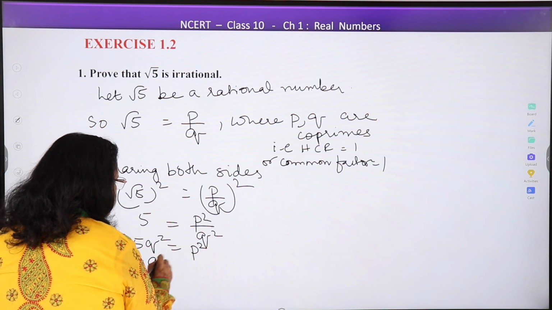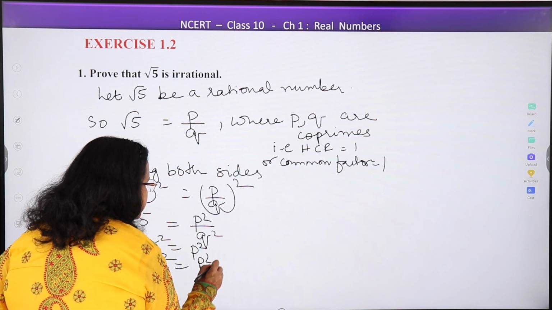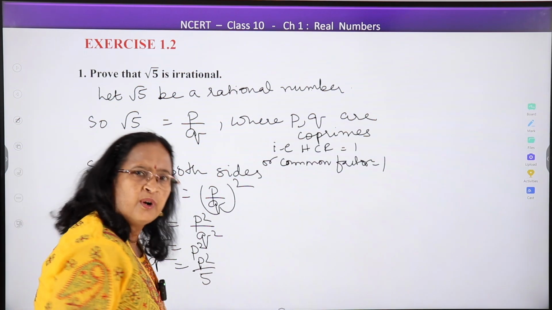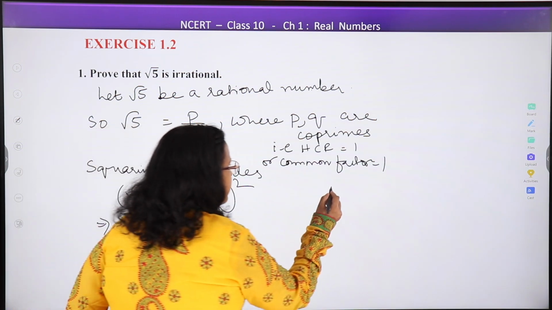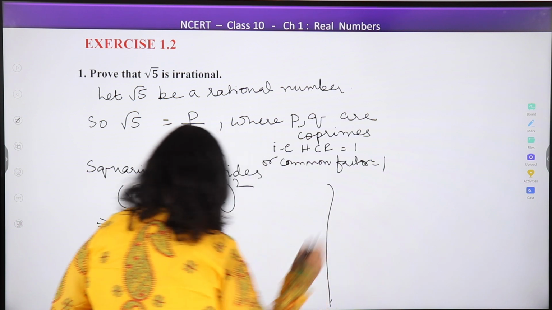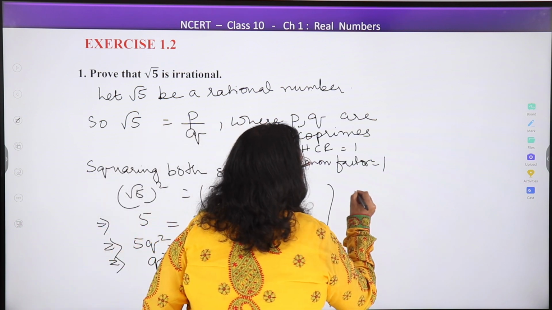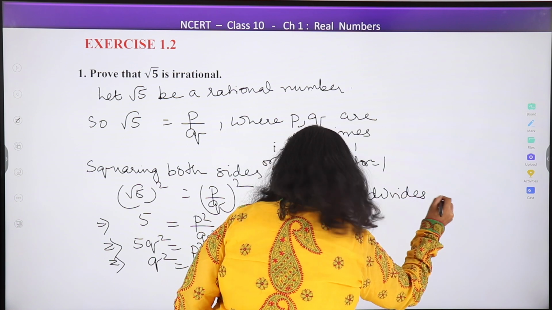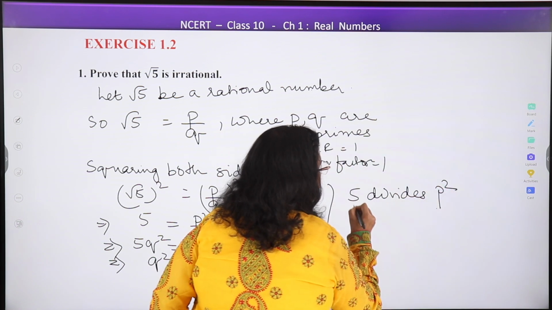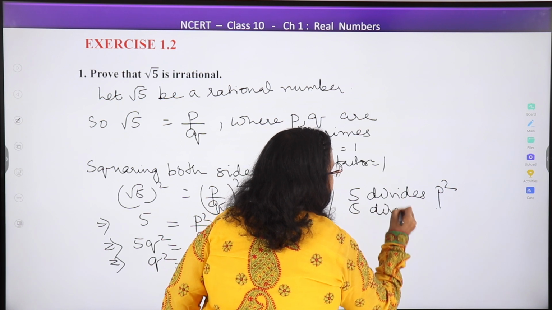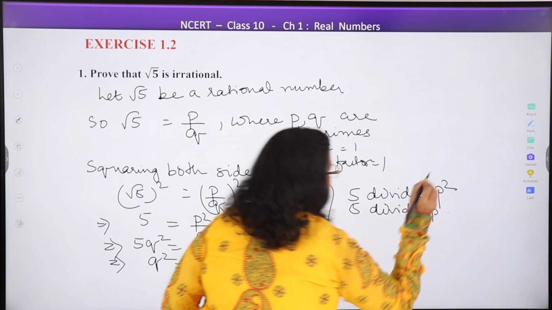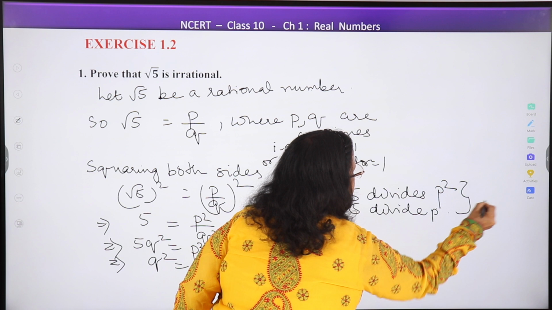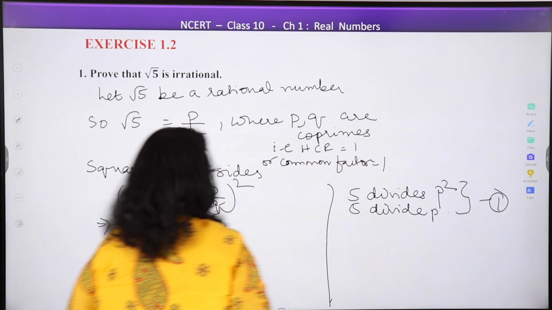That implies q square is equal to p square by 5. Now what should we write? 5 divides p square, 5 divides p. Now let me make it equation 1.